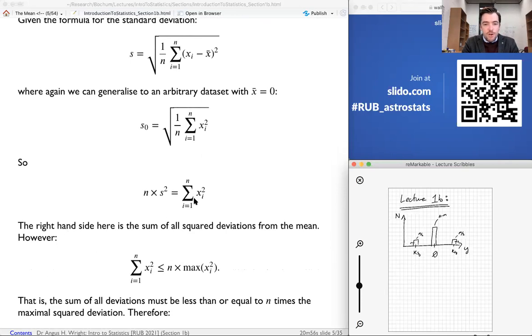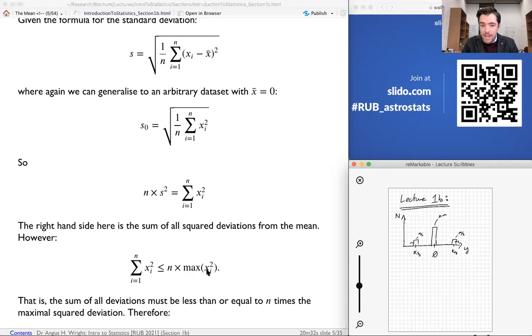Now, the right-hand side of this equation is the sum of all squared deviations from the mean, which we said is 0 in this case. The mean is 0. But crucially, the sum of all squared deviations has to be less than or equal to n times the maximum deviation.